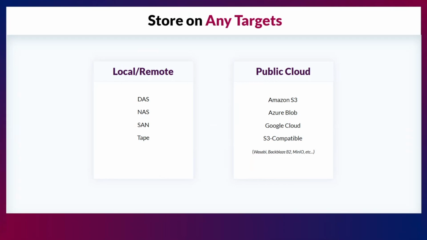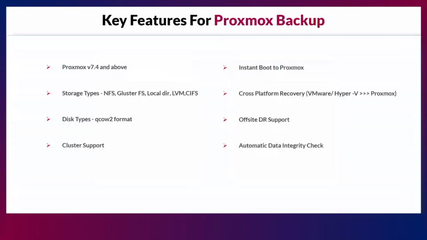And when I talk about the public cloud, it could be Amazon S3, Azure Blob, any of your S3 compatibles such as Wasabi, Backblaze, MinIO, etc., or even your Google Cloud. All these you can put in one single window, and you can store your data both on-prem as well as on cloud.